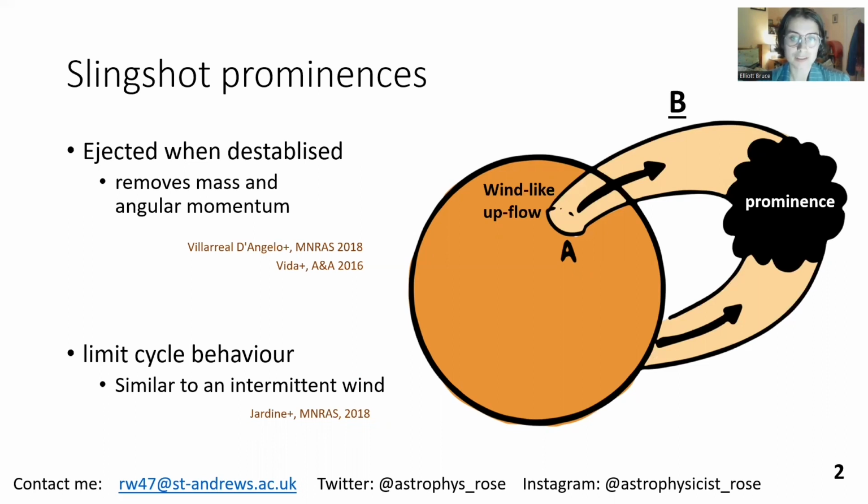And in some stars, we would expect to see limit cycle behavior. So this is when prominences form and eventually become unstable, so they're ejected. But the magnetic field is pretty stable over the long term, so it reestablishes itself and prominences reform, they're ejected. And this cycle just repeats.